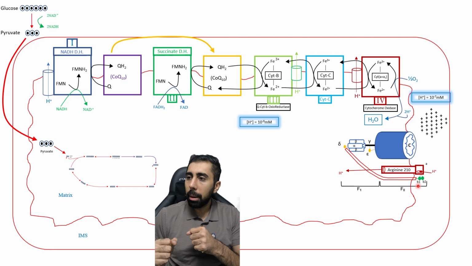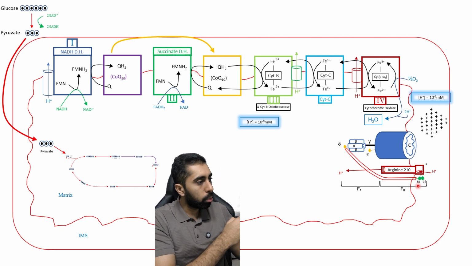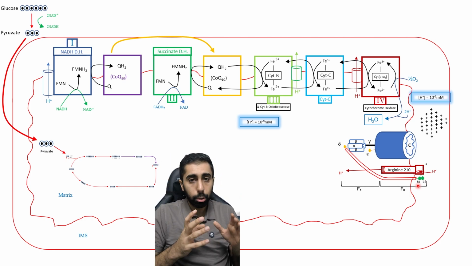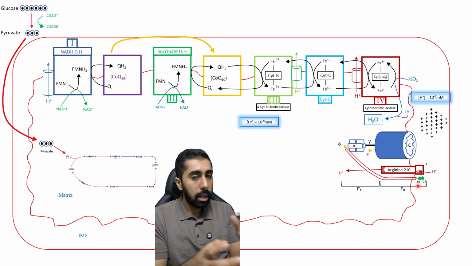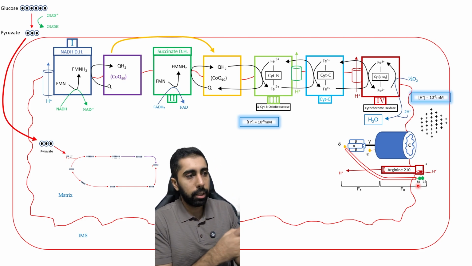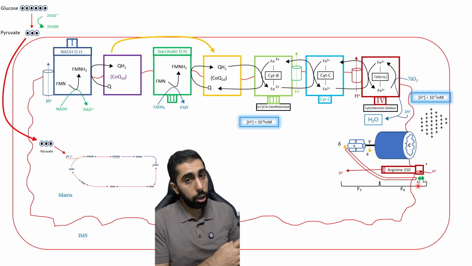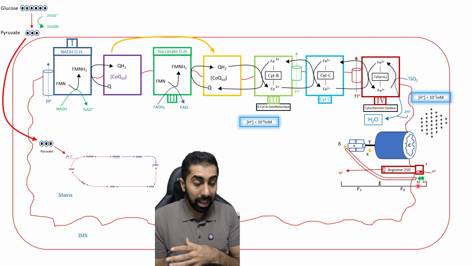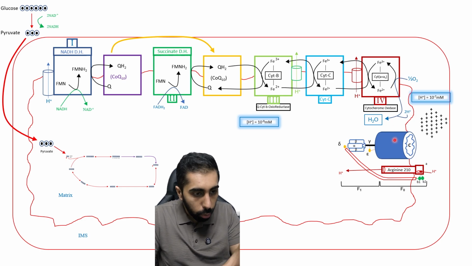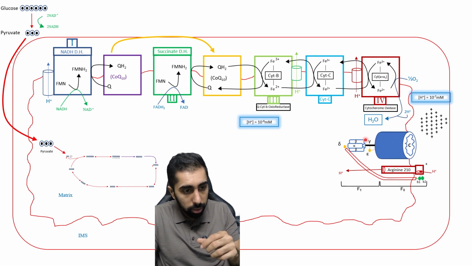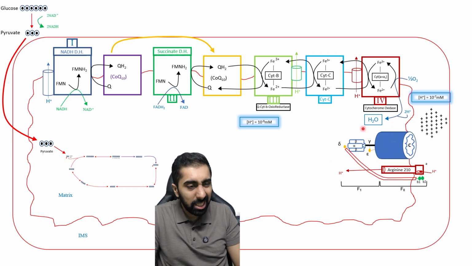Let me grab you and take you into the matrix. So the arginine grabs each hydrogen and puts it into the matrix, and it does this every time for every hydrogen. This movement and this reaction cause this whole structure, this engine, to start rotating.